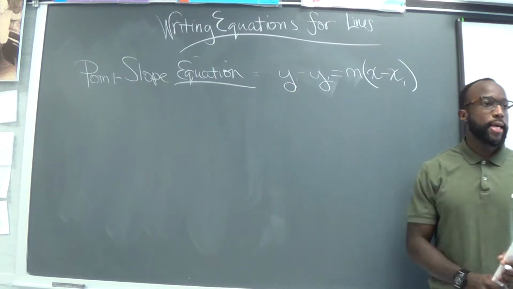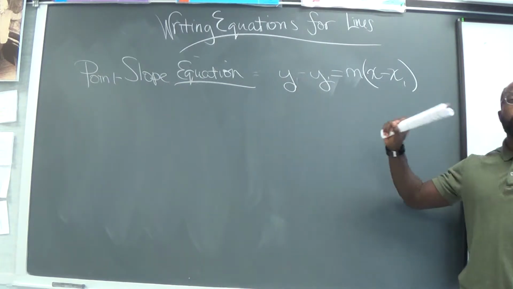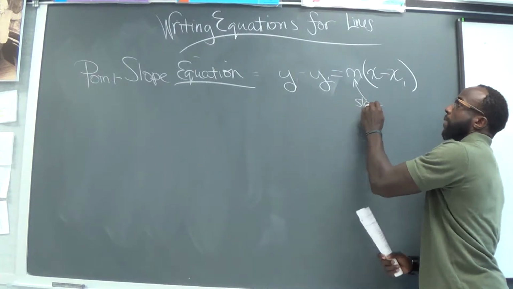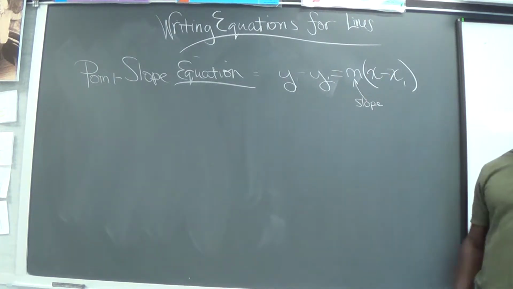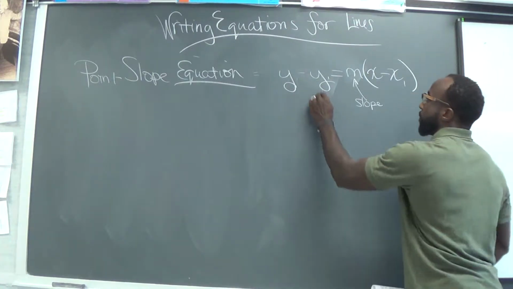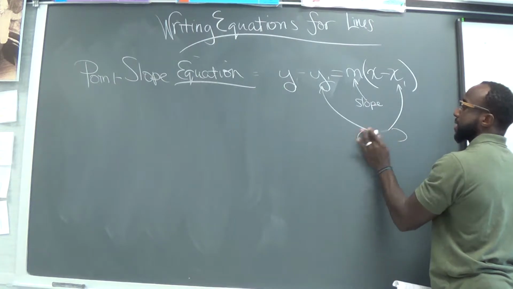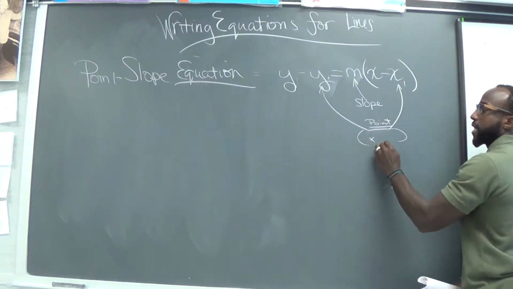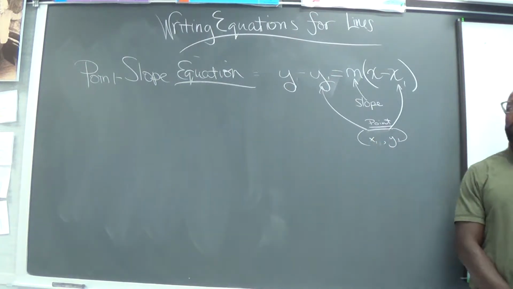Again, it's y minus y sub 1 equals the slope times the quantity of x minus x sub 1. Now, this y sub 1 and x sub 1 is just a point that's given. That's (x1, y1), right? That's all it is.